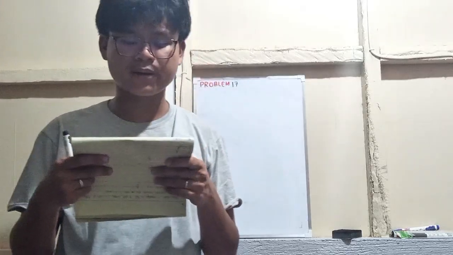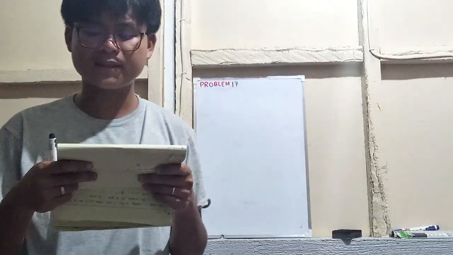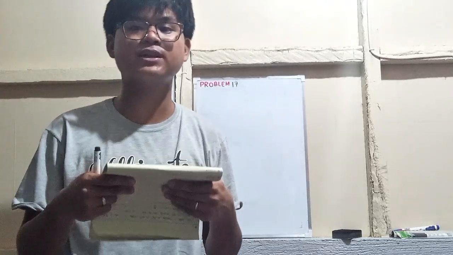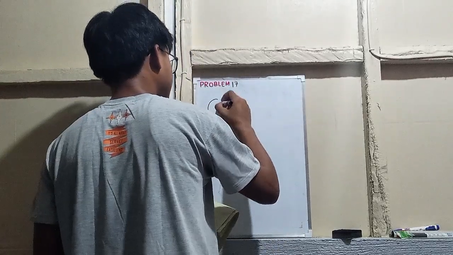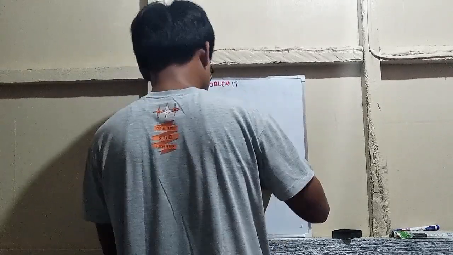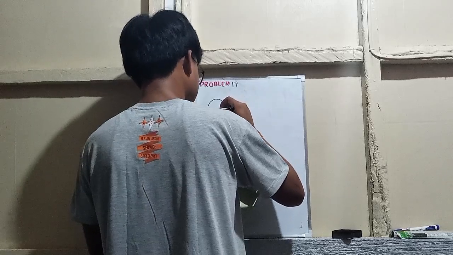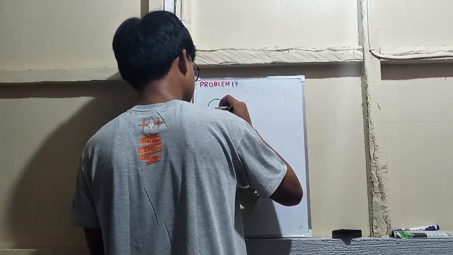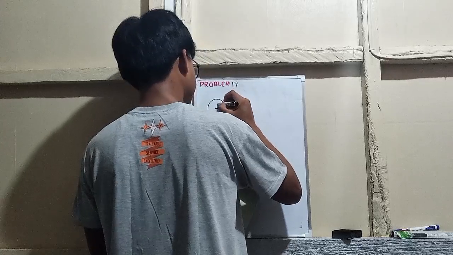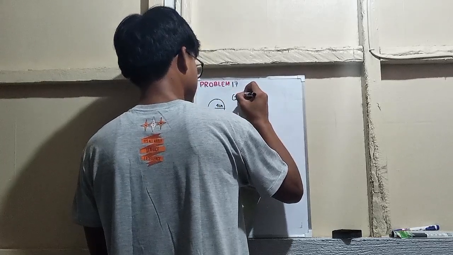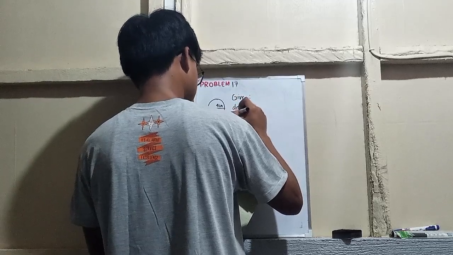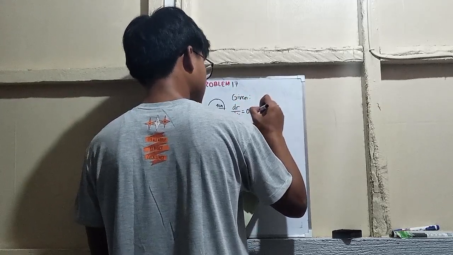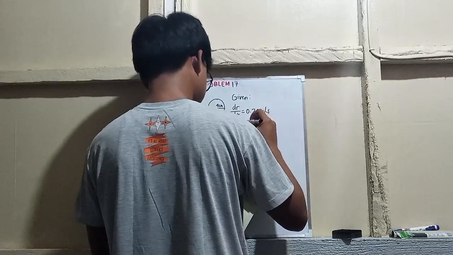The radius of a circle is increasing at 0.2 centimeter per second. How fast is the area increasing when the radius is 4 centimeters? So first we'll draw the circle and we'll identify the given as radius. This radius is equal to 4 centimeters and our rate of the radius dr over dt is equal to 0.2 centimeter per second.